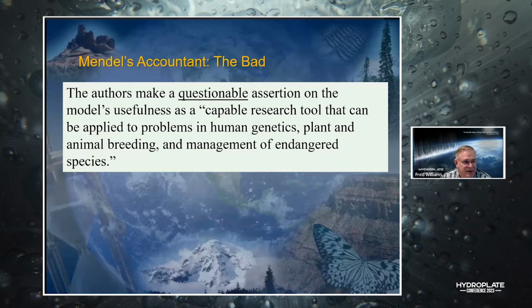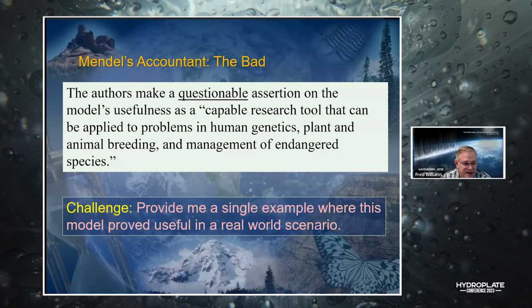So Mendel's Accountant, the bad. The authors make a questionable assertion on the model's usefulness as a, quote, capable research tool that can be applied to problems in human genetics, plant and animal breeding, and management of endangered species. So my challenge is this: provide me a single example where this model proved useful in a real world scenario.